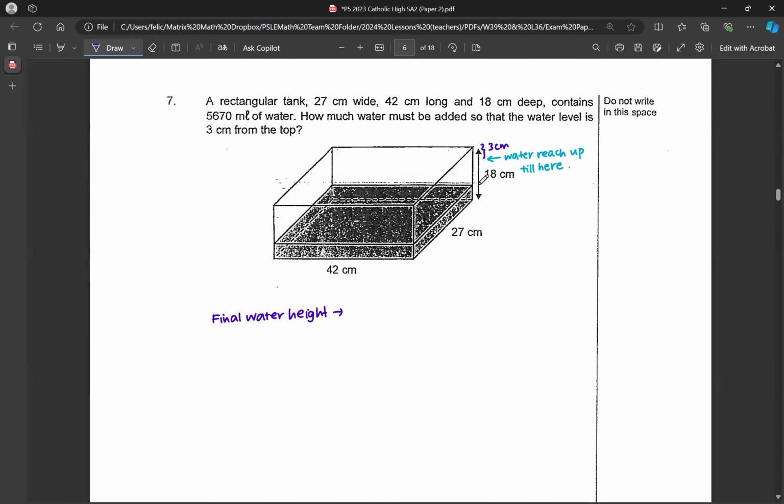The final height means 18 minus 3. I want the water to reach up to a 15 cm height.